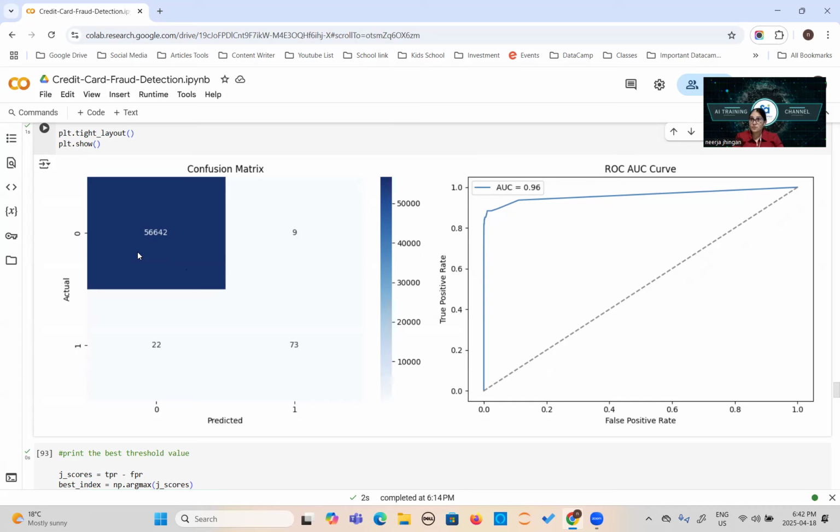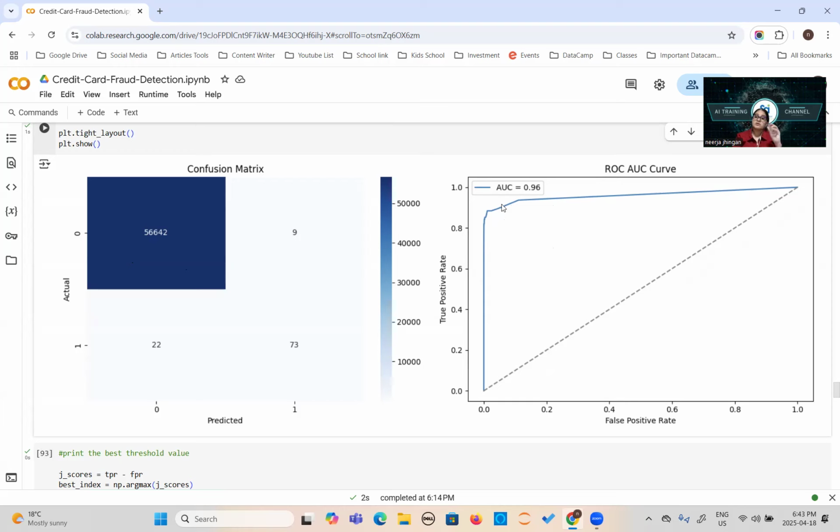This is wrong, right? It is saying even though the transactions are not fraud, your machine is saying they are fraud. We want to reduce this, and this 96% is what it was able to detect. This is the meaning of this AUC.